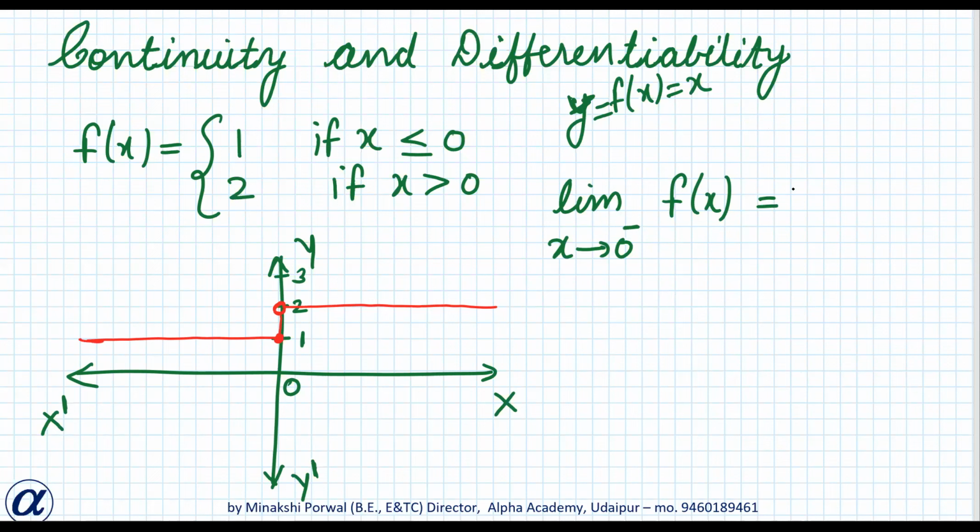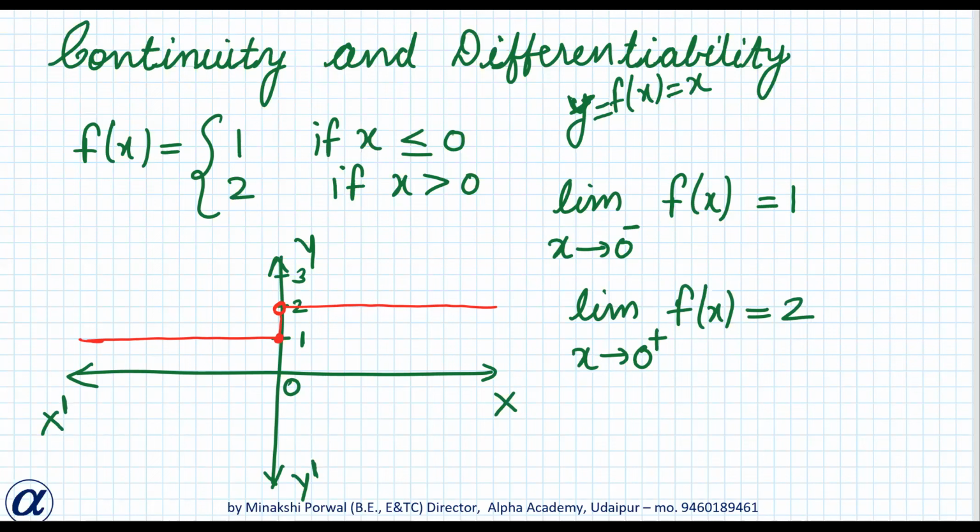Its value is 1. Then when we are approaching 0 from the right hand side, we will never look at the value at 0, we'll always see the values just after that. So when we see this value, its value is 2. So this is the case.